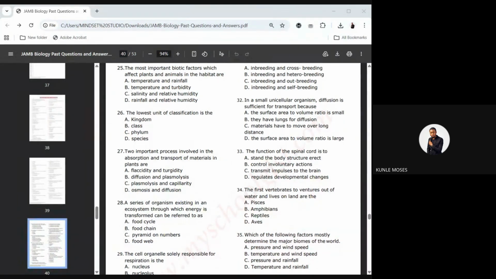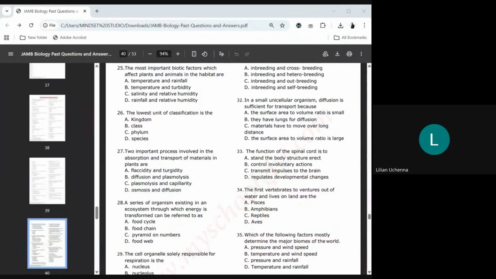They said in a small unicellular organism, everything is sufficient for transport because of what? What's the answer for 32? Yeah, surface area to volume ratio. What about question 33? What's the function of the spinal cord?